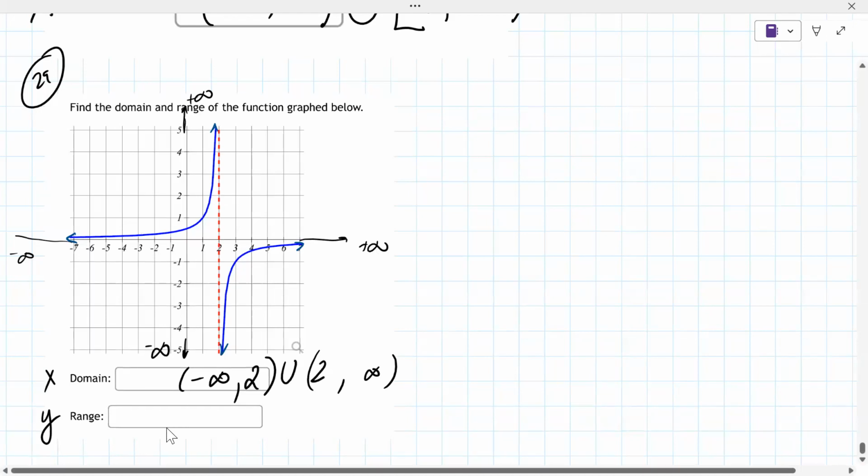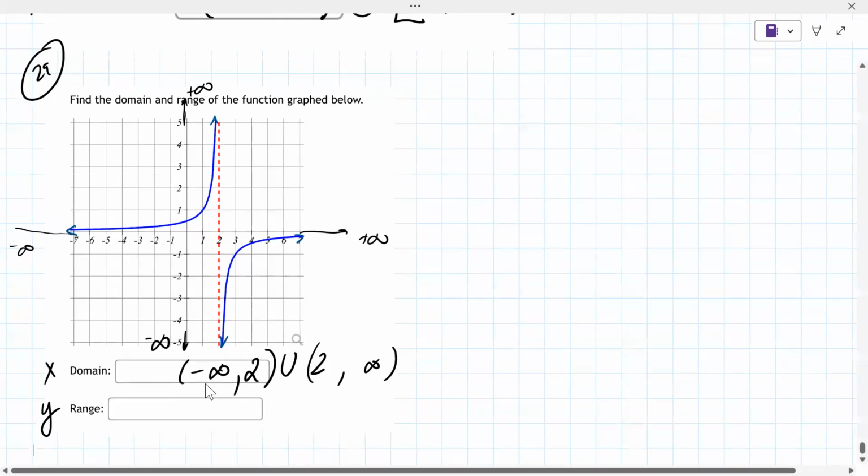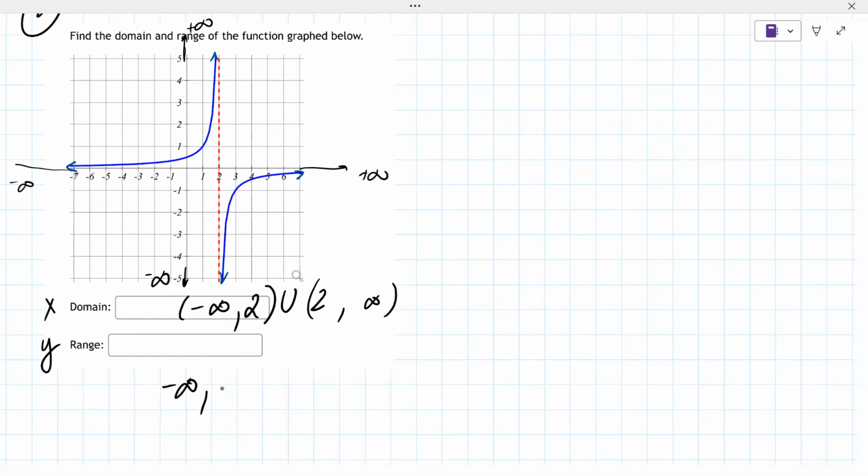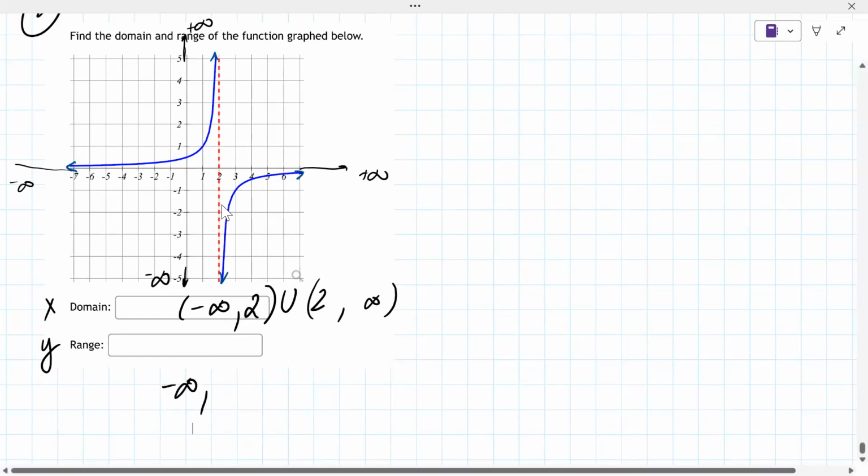All right, range. Y values. How far down does it go? What's the smallest y value? Negative infinity. And then you can see it comes up here, and what is the y value that it approaches here?